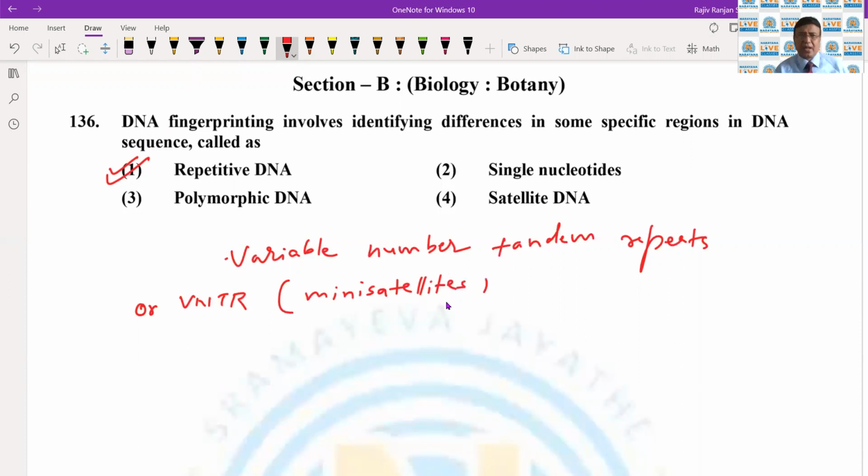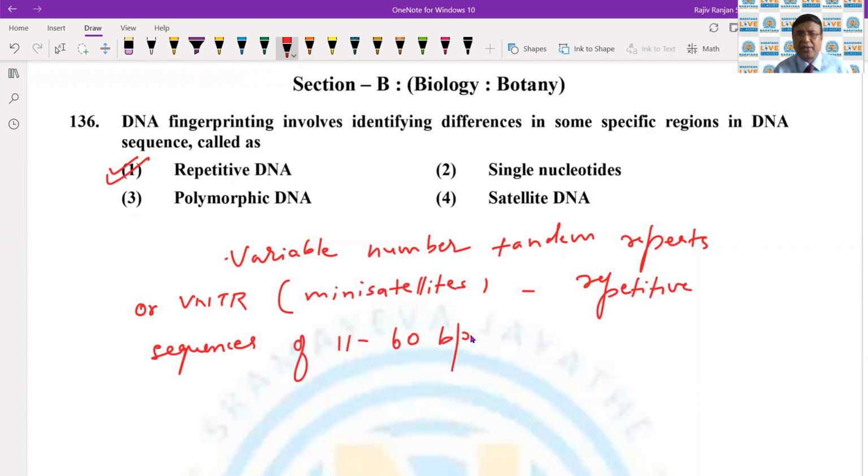Mini satellites are basically repetitive sequences of 11 to 60 base pairs. So they are called mini satellite DNA, which is actually repetitive DNA.